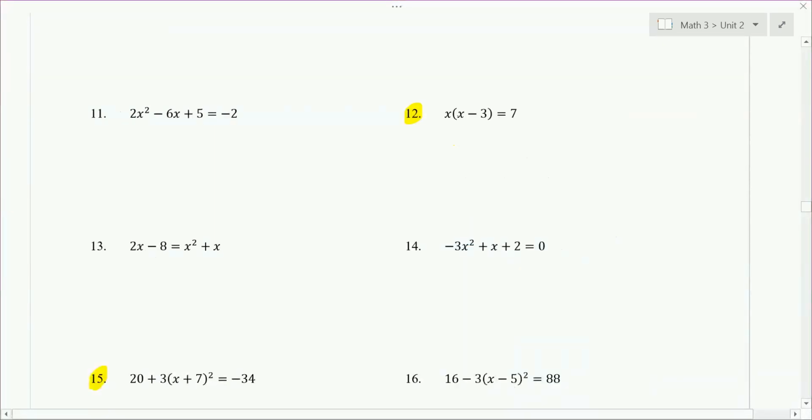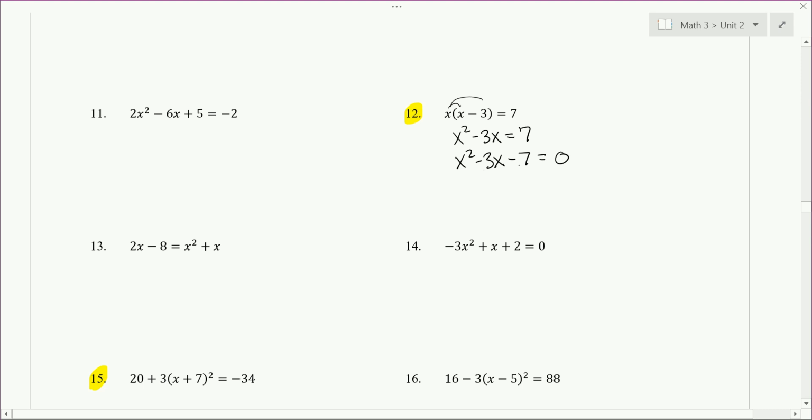Number 12. It's factored but not equal to 0, so we need to multiply. So x times x minus 3 gives us x squared minus 3x equals 7. Make it equal to 0 by subtracting 7 from both sides of the equation. And then go for factoring.